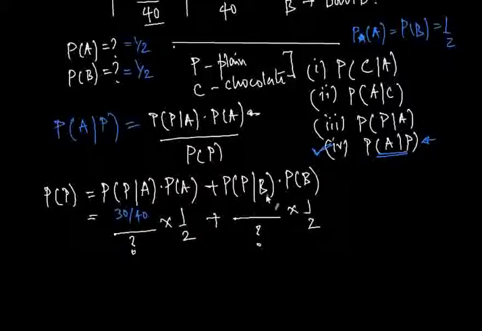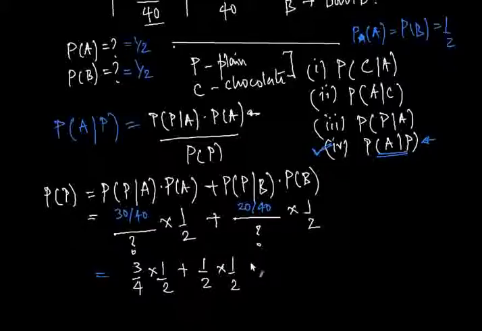And if you pick jar B and jar B had 20 cookies of each, then the probability of drawing a plain cookie is simply 20 divided by 40. So what does this amount to, right? What this means is that the probability of drawing a plain cookie is simply 3 by 4 times half plus 20 by 40, which is half, times half, right?